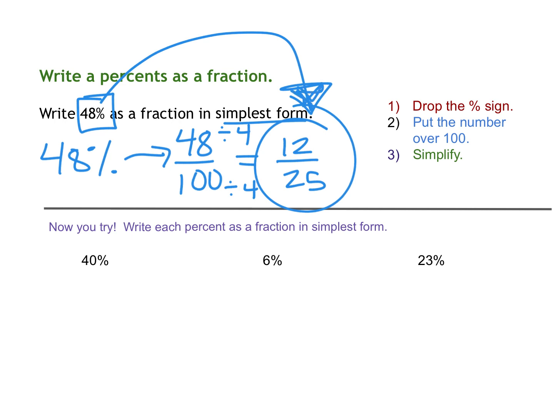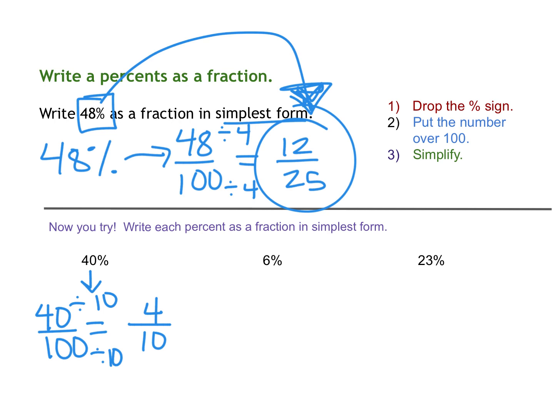These are things that you should be writing down along with me in your notes or in your notebook. 40% is the same as 40 hundredths. And then we simplify, divide them both by 10. 40 divided by 10 is 4. 100 divided by 10 is 10. 4/10.